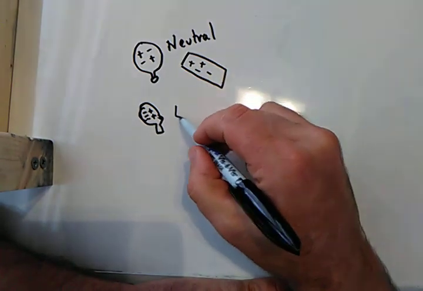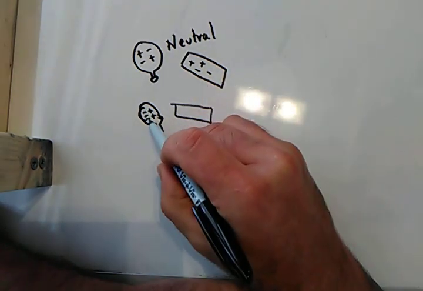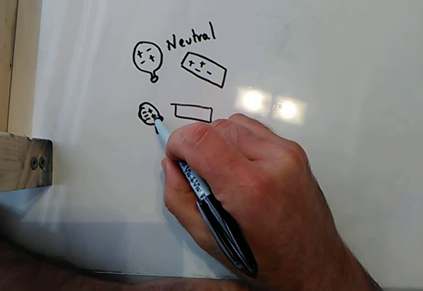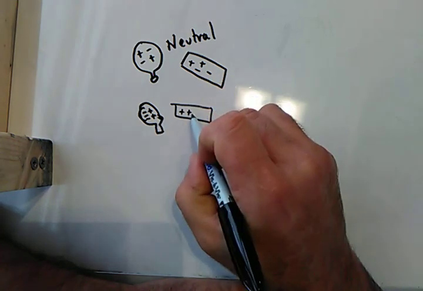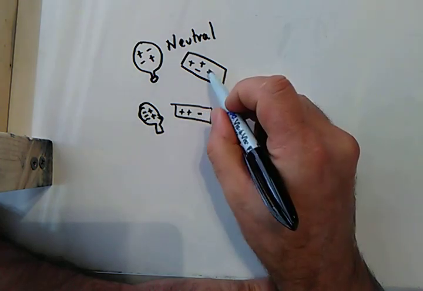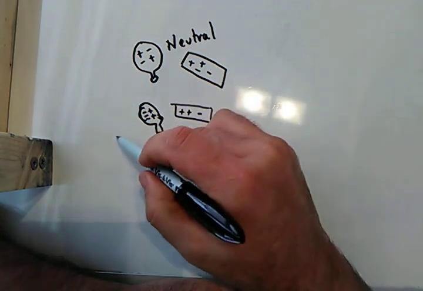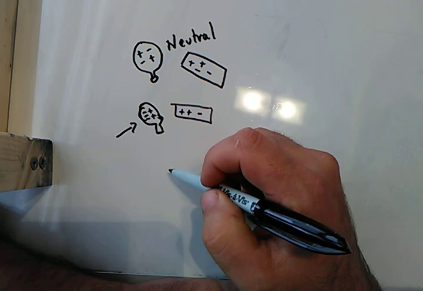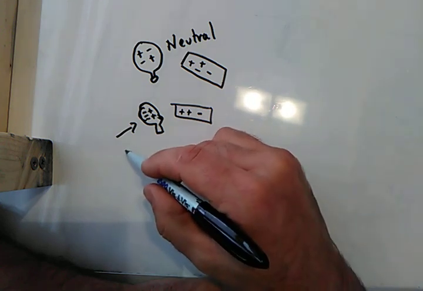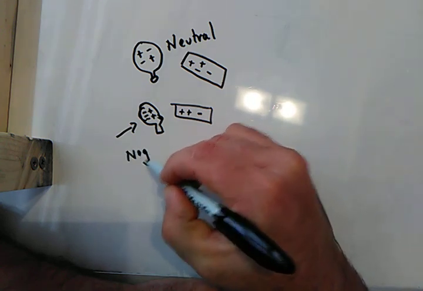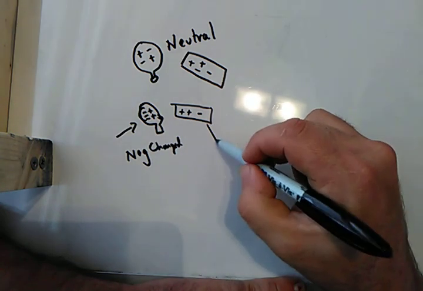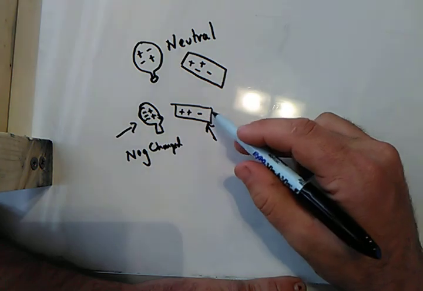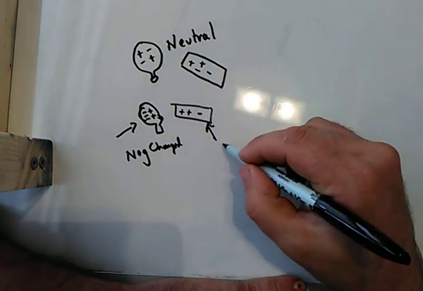If I have 3 electrons here and 2 protons here, that means I must have 2 protons here and 1 electron here, because one of them left. So now this balloon becomes negatively charged, and this object here, it doesn't matter what it is, it could be a comb or a rod, becomes positively charged.